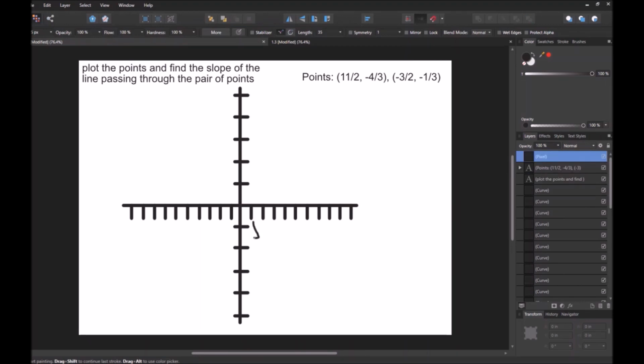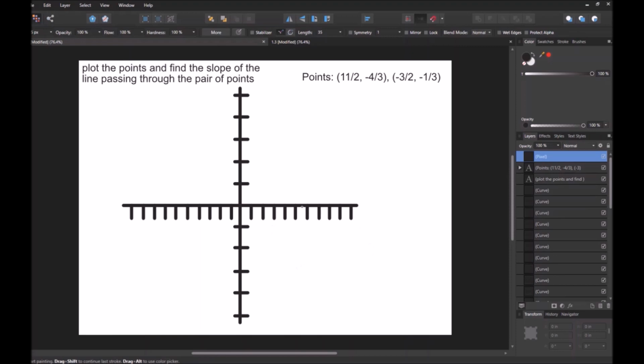For example, this peg here is 2 halves, this peg here is 4 halves, which if you reduce that is 2, and so on and so forth. So I can say this is 2 halves, 4 halves, 6 halves, 8 halves, 10 halves, and then in between here will be 11 halves.